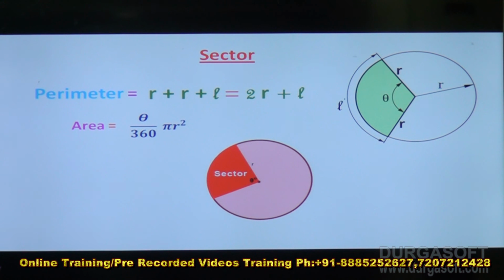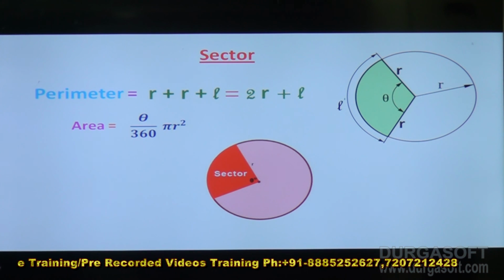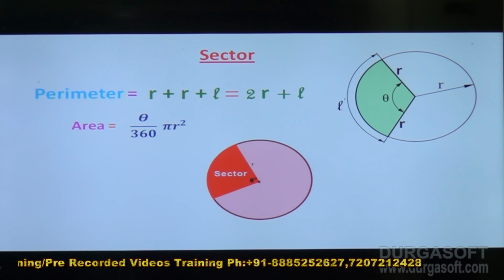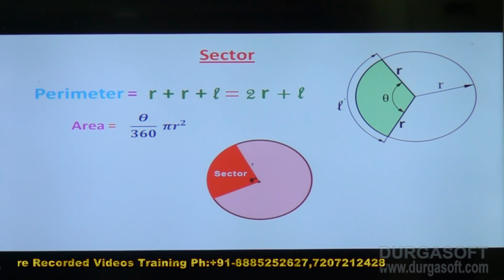And coming to the area, it is theta divided by 360 pi r square, right? Area of a sector is equal to theta divided by 360 pi r square. So two important points: perimeter of a sector 2r plus L and area of a sector theta by 360 pi r square.